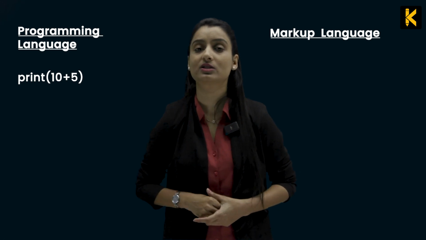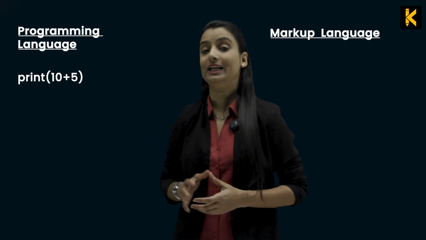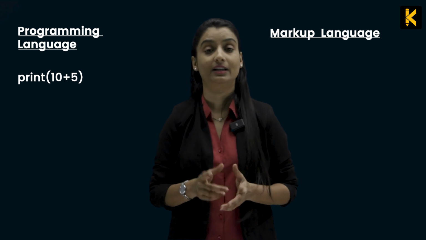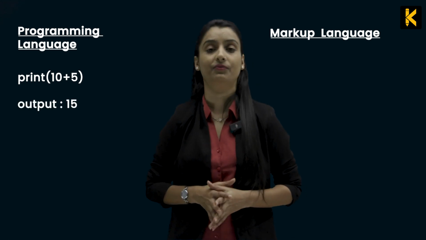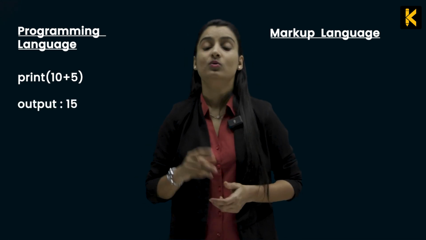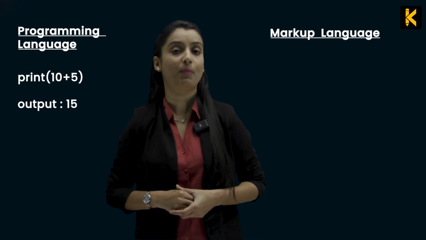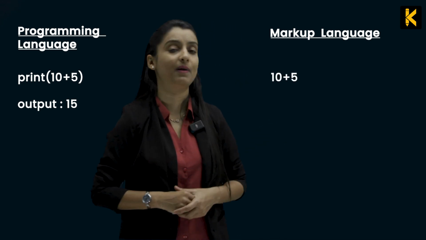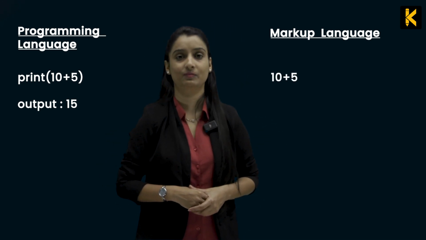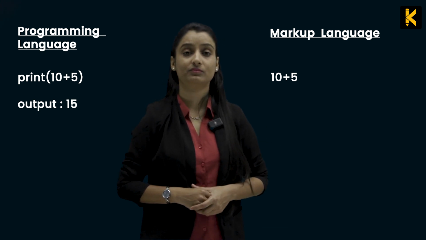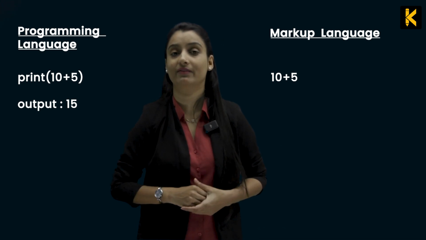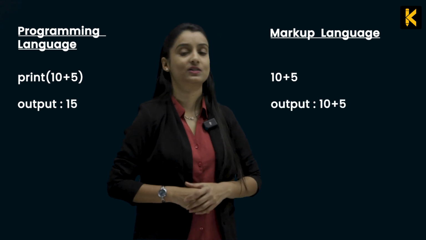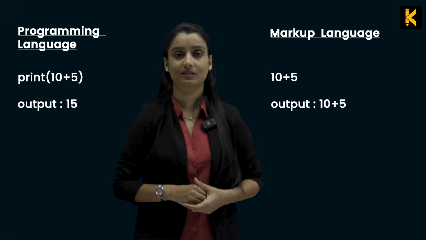If you execute this code, it will perform the computation and result in the output 15. Now, if you try to perform the same task using a markup language, and you write 10 plus 5, your markup language will result in 10 plus 5 as it is.